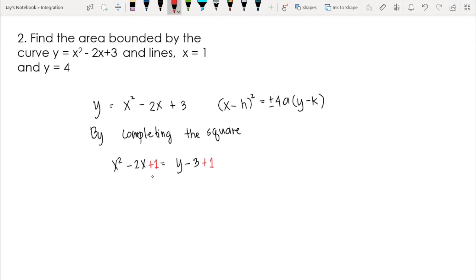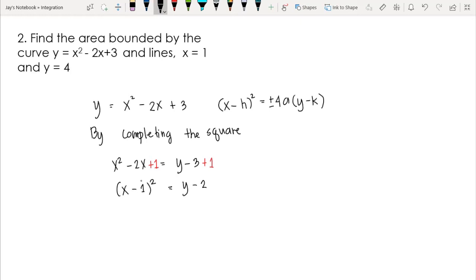So plus 1 minus 1 gives us 0, and our equation remains the same, as if we are adding 0 in the equation. So we can now factor this as a square of binomial. We have (x minus 1) squared, and on the right side, we have y minus 2.